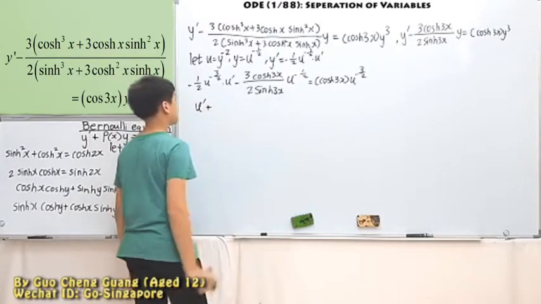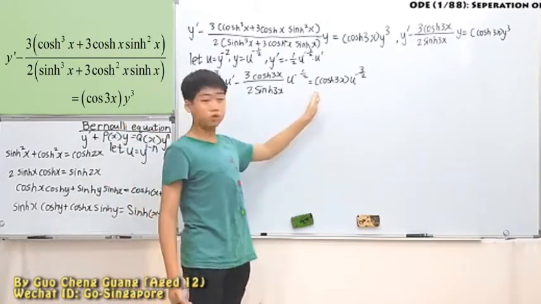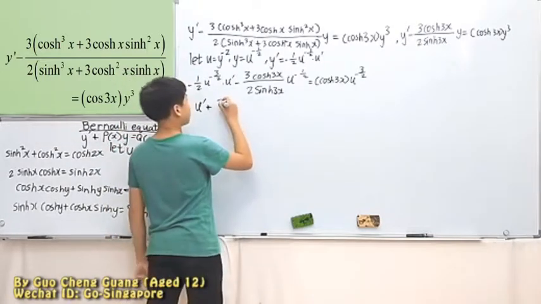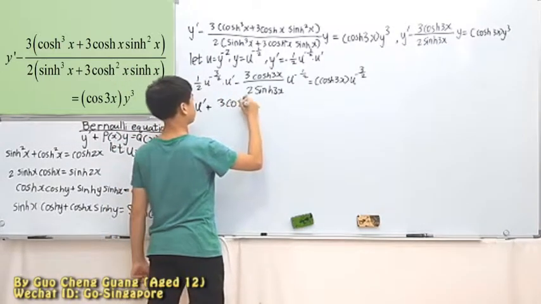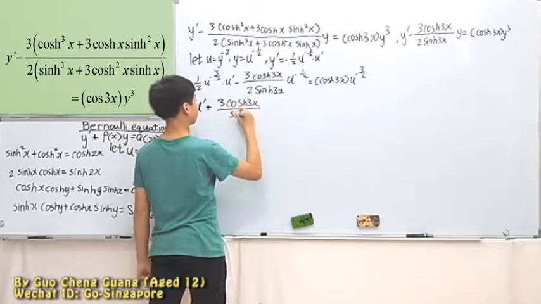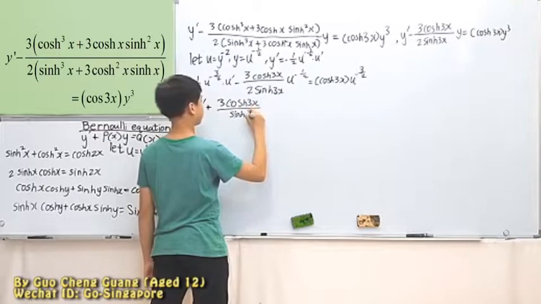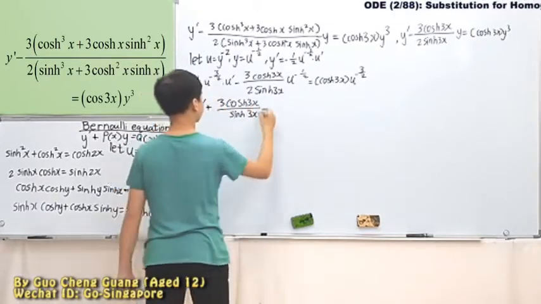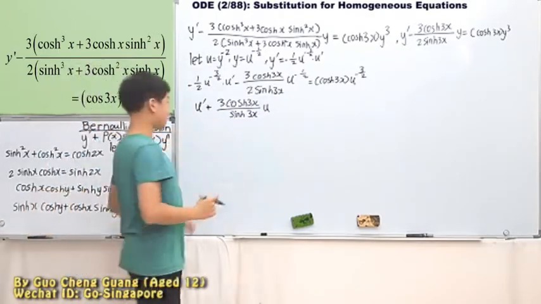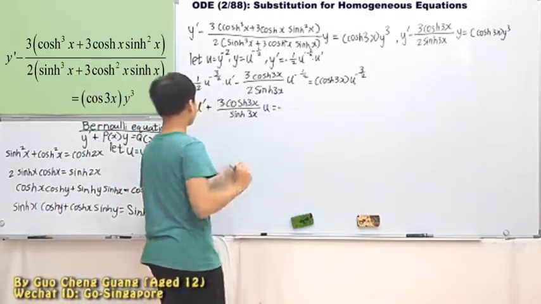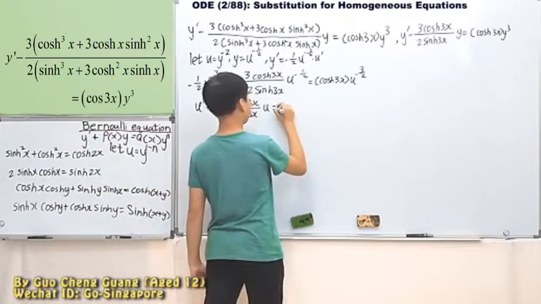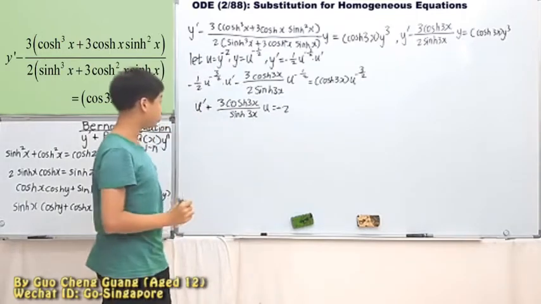Negative, that means all these positive, except for this part, which will become a negative instead. 3. Okay, this is the first part, you get something like this. After a negative, then here half, which means times 2. So here, you get negative 2.